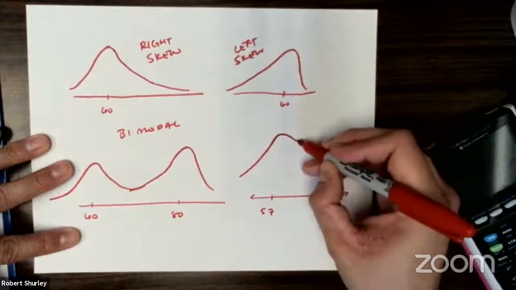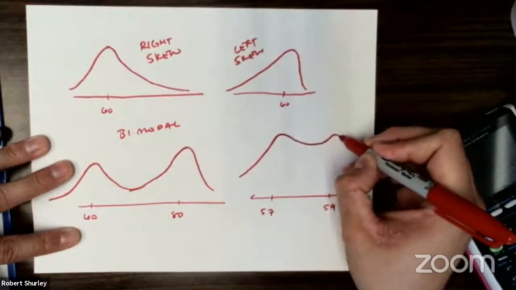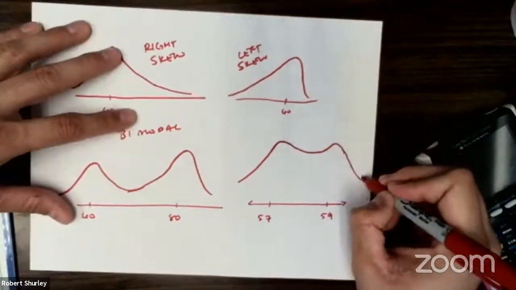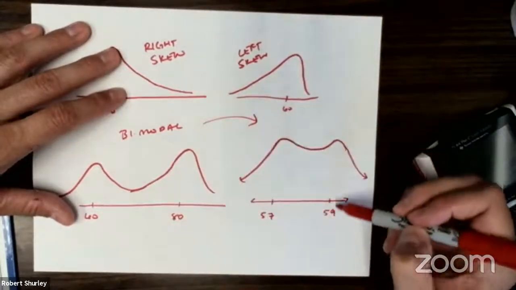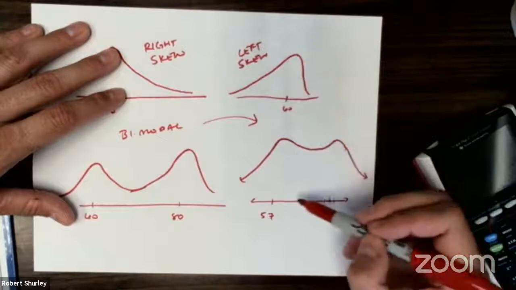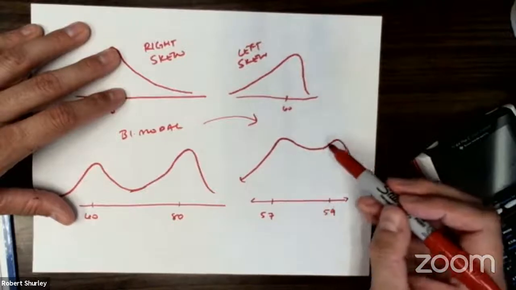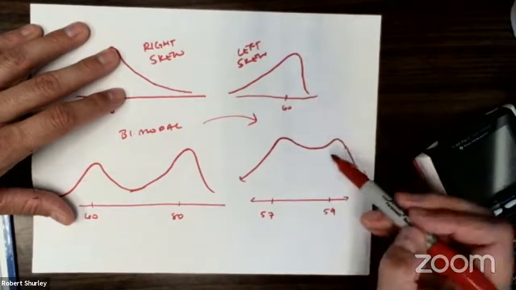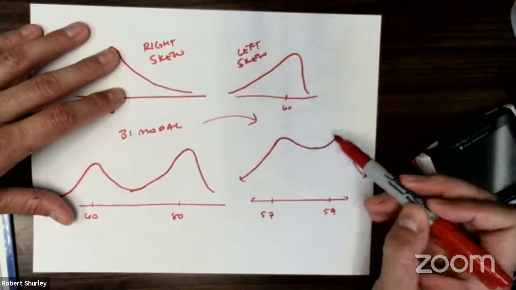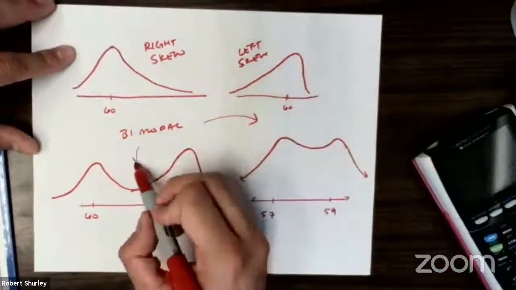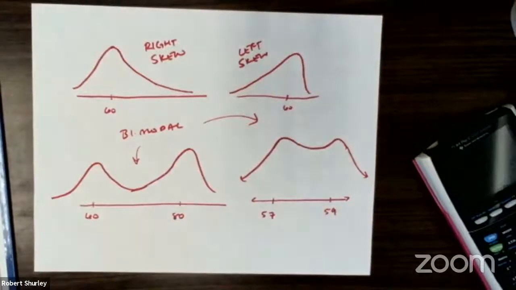I mean, there's a lot of overlap, so it would kind of look like that. This would be bimodal as well, where you got the average height of the males, and now there's a lot of males and females in between, right? But it doesn't go up there. It's just going to go down. We're going to have more females around the 57. So it would look like this. So bimodal just means there's more than one mode.